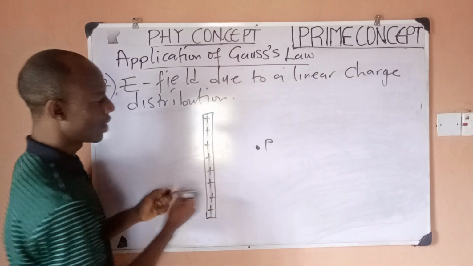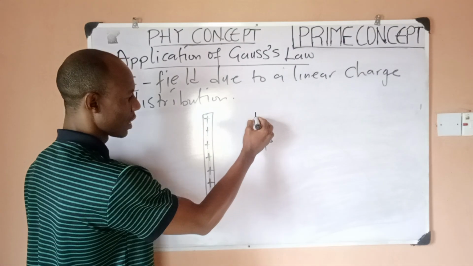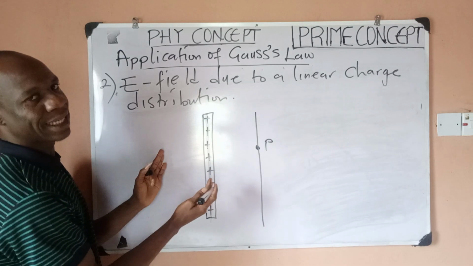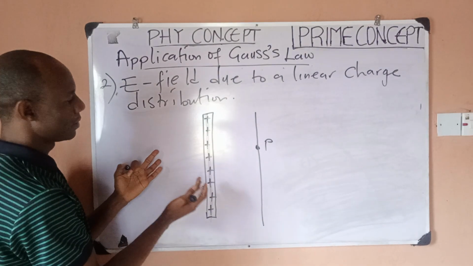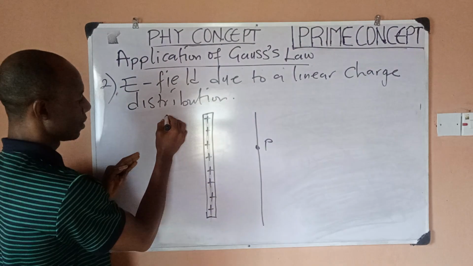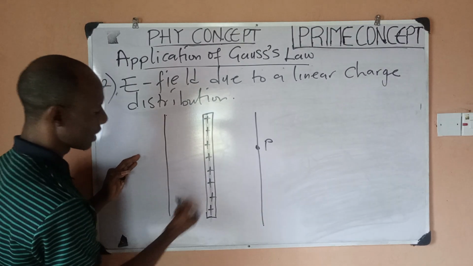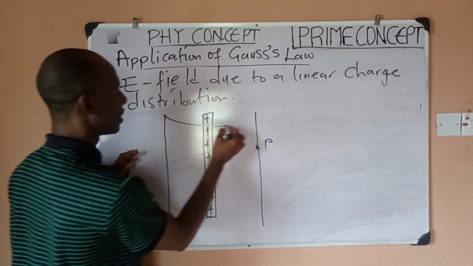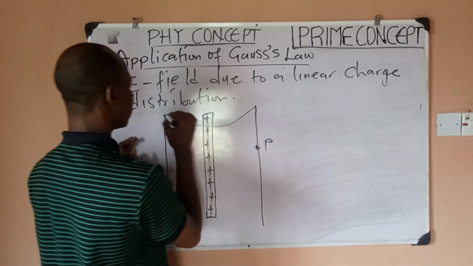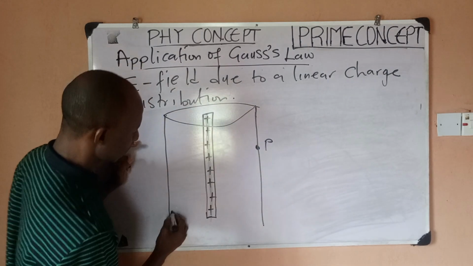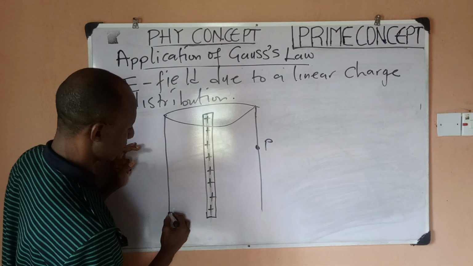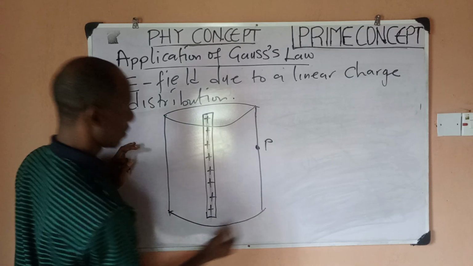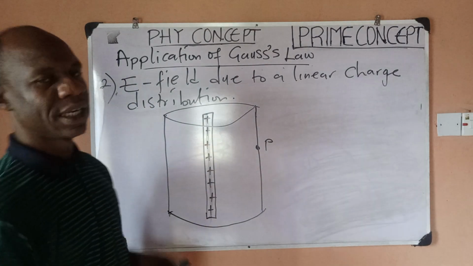Remember, a cylinder has a high level of symmetry, so I can quickly draw the same line here so that the distance from here is the same distance from here. Then I would enclose this charge in a cylindrical surface.